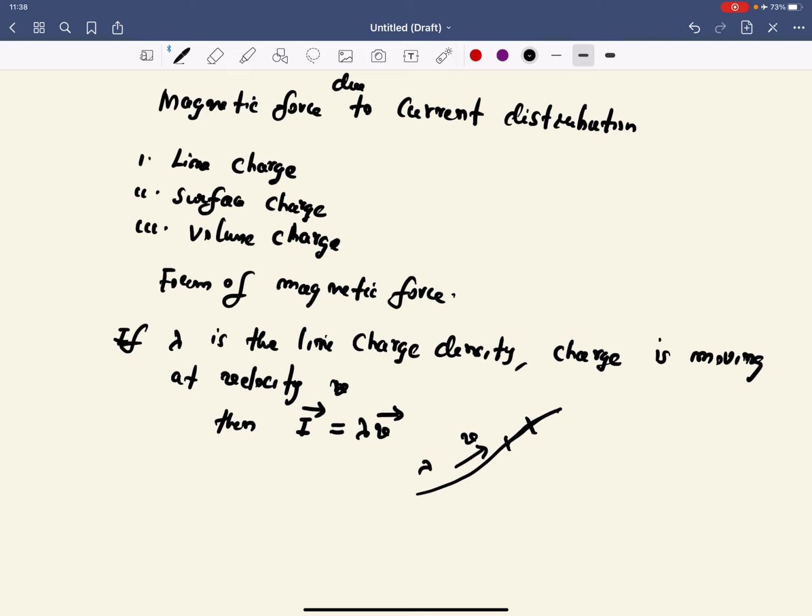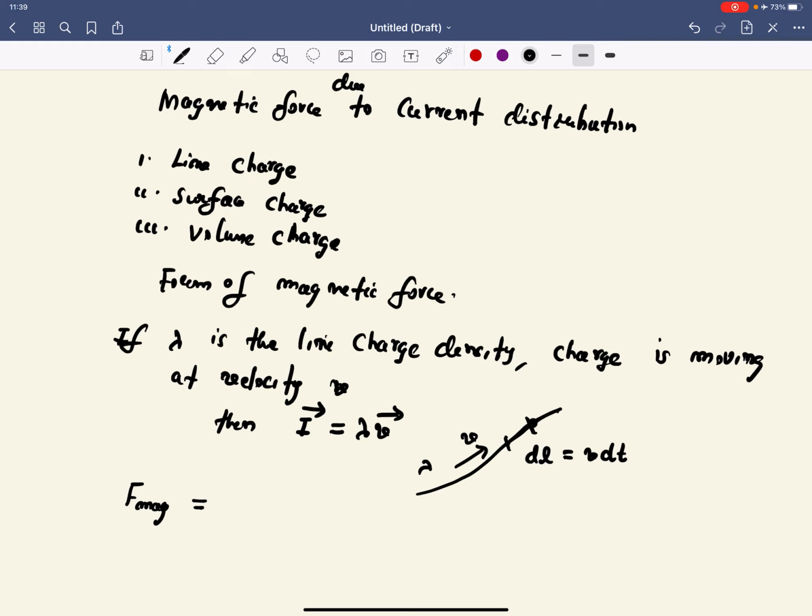And if you take a small interval of length, or elemental length, this can be obtained as v into dt. We are interested to find the magnetic force at point P. So the magnetic force due to this line charge can be written as F mag, just to differentiate it from electrostatic forces.